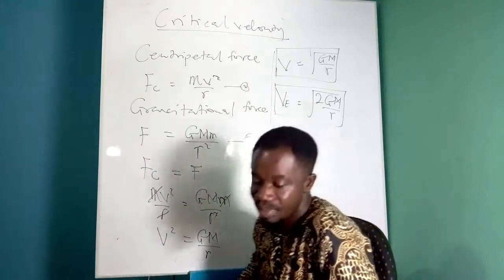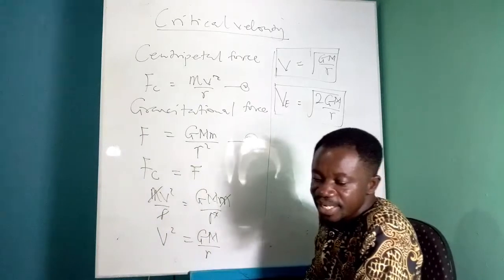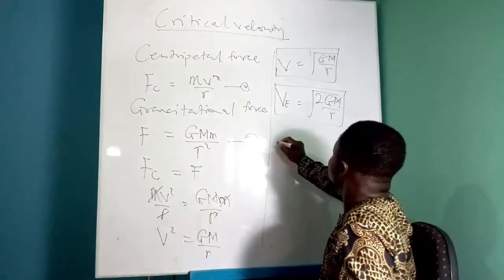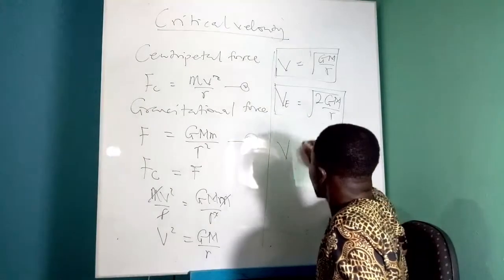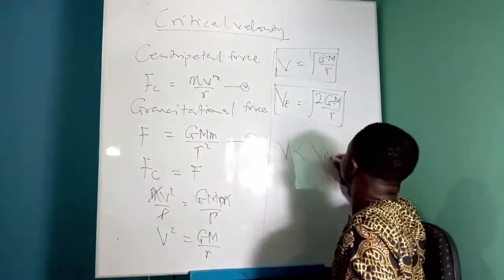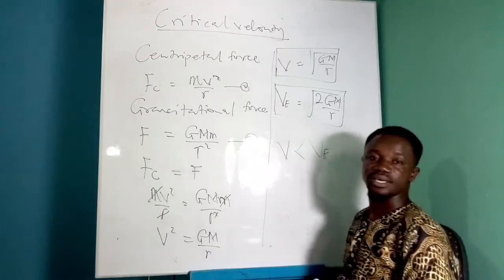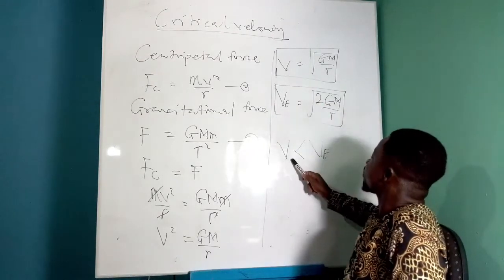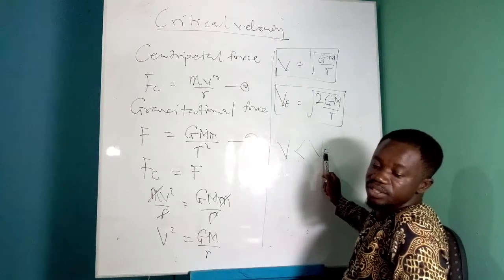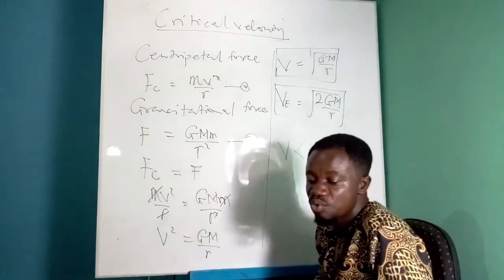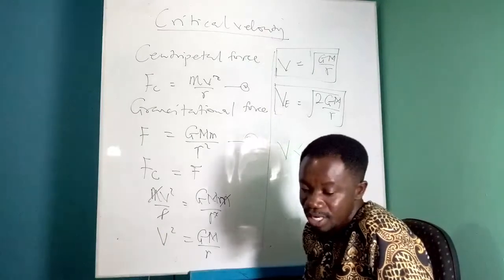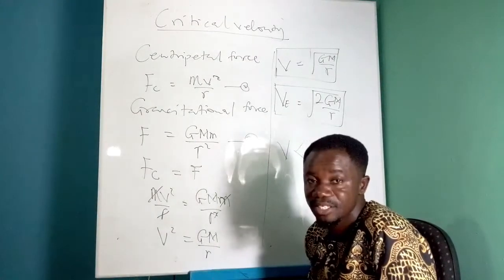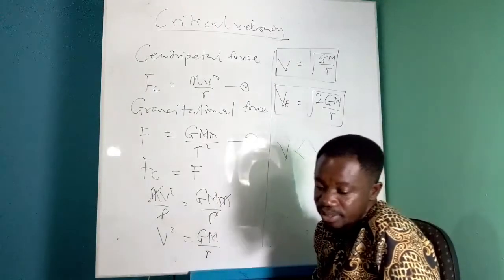Now, these two velocities have relations that are very important and we need to take note of. Remember, the satellite shall revolve around the Earth in an elliptical orbit when V is less than VE. When the critical velocity is less than the escape velocity, then the satellite will undergo elliptical orbit around the planet.